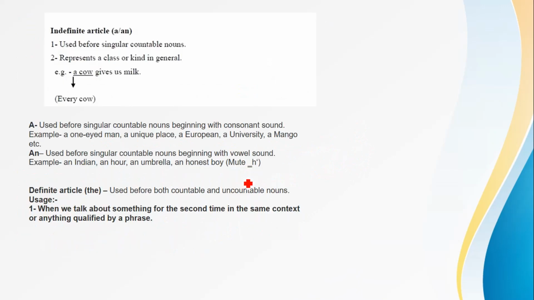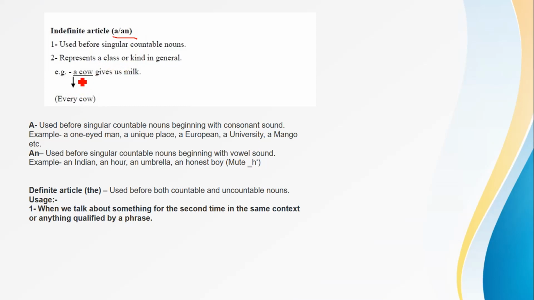One more thing: articles are also of two types, indefinite and definite. Indefinite articles we have a and an, because we are not sure about whom we are talking, and we do not use a or an when we are talking about someone whom we know. We use a if we are referring to a random thing.